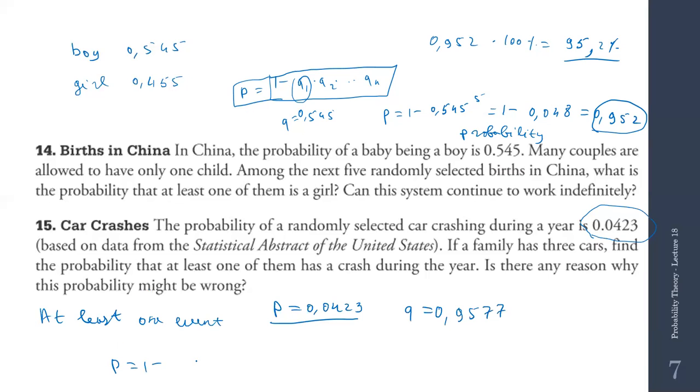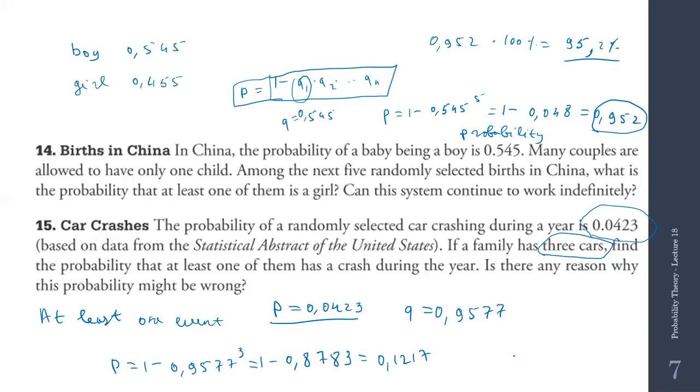P equals 1 minus, it says 3 cars and at least one crash, so 0.9577 to the cube. 1 minus 0.878 equals 0.1270.